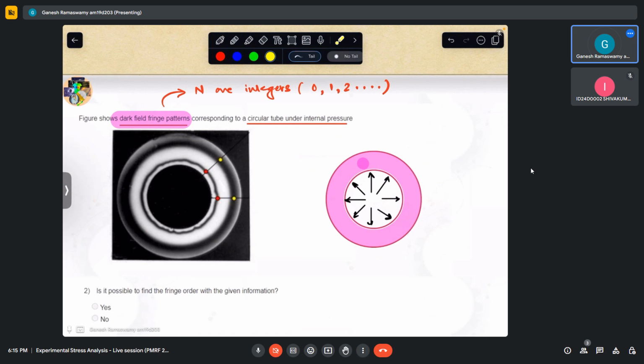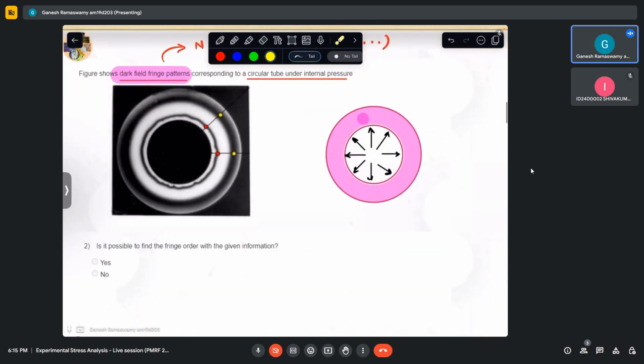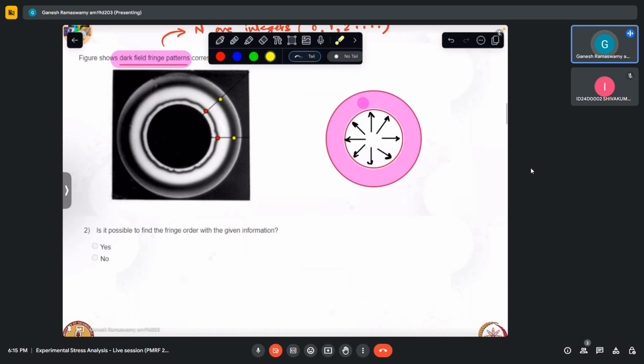Okay. We have not been given the fringe order at any point. In such a case, we cannot find it out. If we were given the fringe order at this point, then based on the fringe order at this point and the gradient direction, we would be able to number some other fringes.